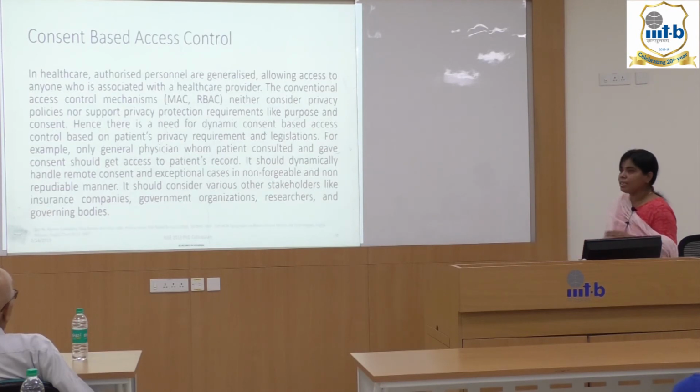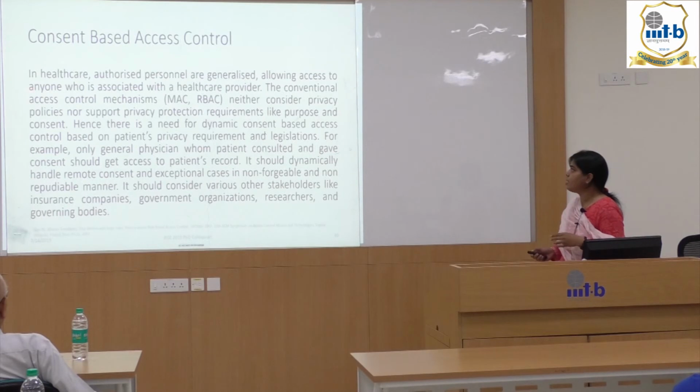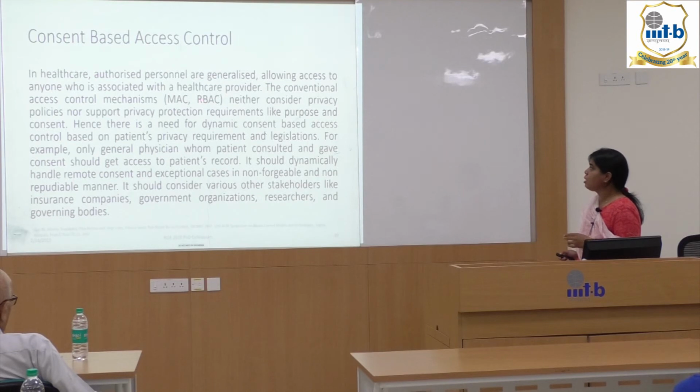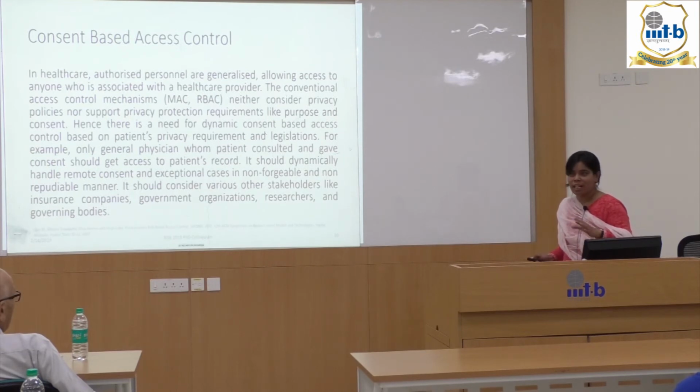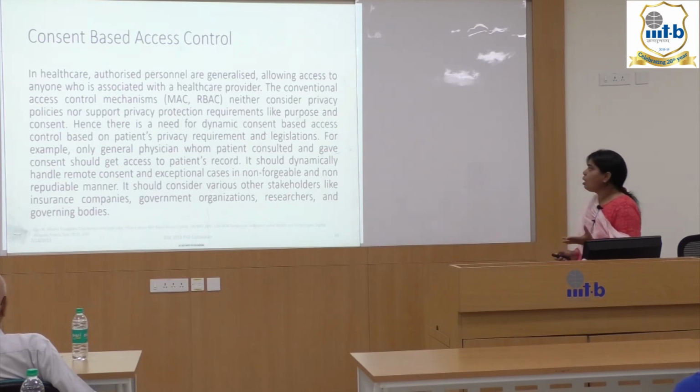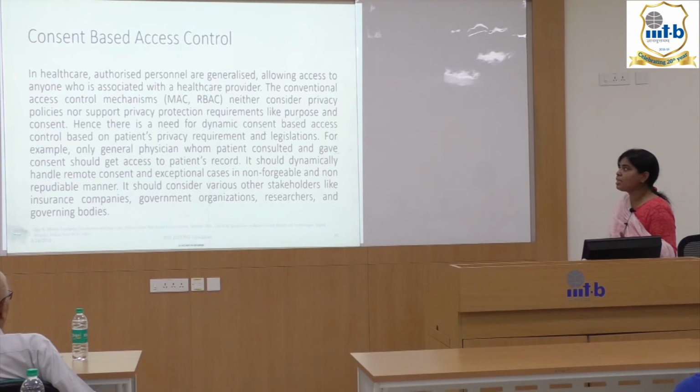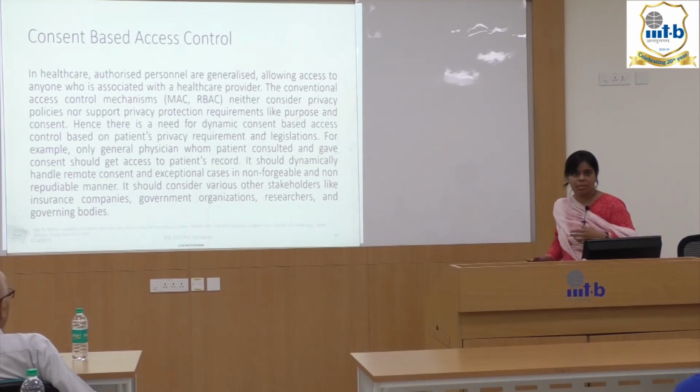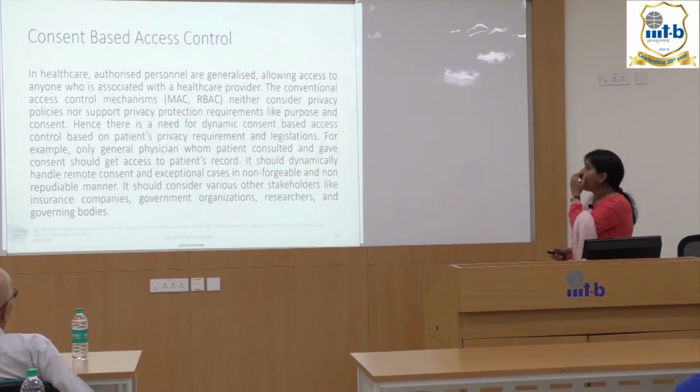Okay, so this is about gathering consents. Now, in most healthcare solutions, the authorization is generic, meaning everybody has access to the data, and that is the reason for so many healthcare breaches that we hear about. Then the conventional access control mechanisms are built into some of the systems, but they cannot take care of privacy policies because they are all about user, role, and permissions on the resource.